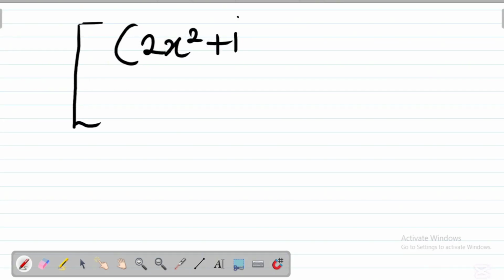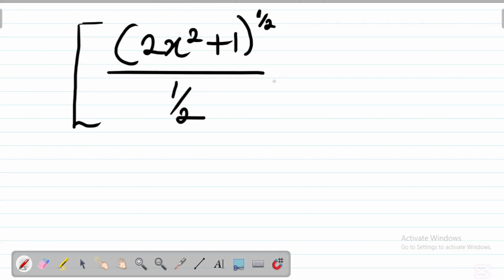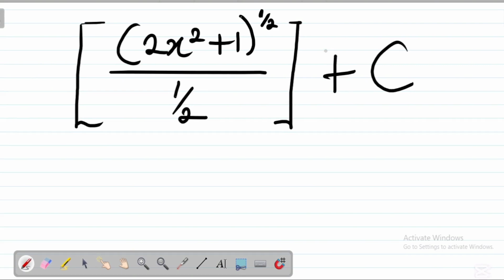Now let's substitute the value of u. We have here 2x squared plus 1 raised to the power 1 all over 2 all over 1 all over 2 and then plus the constant of integration. Now let's simplify further.